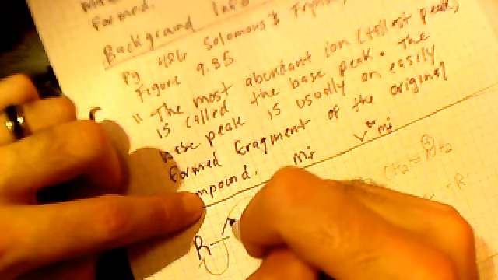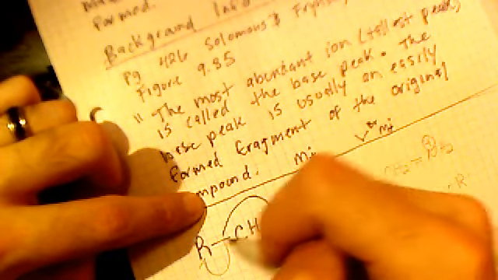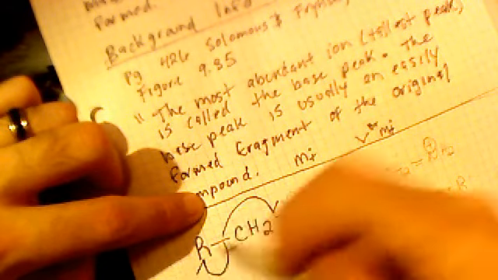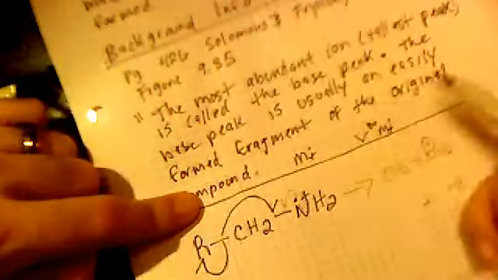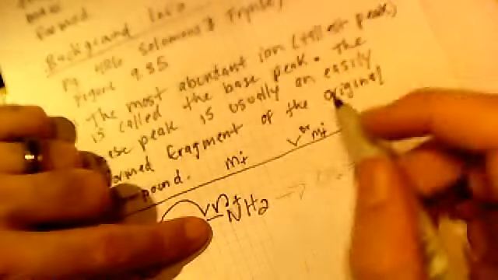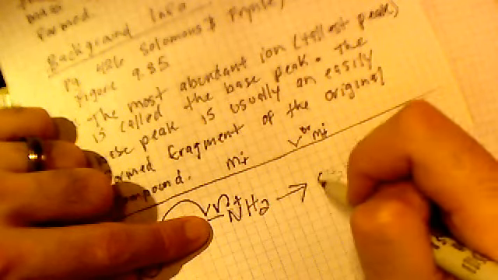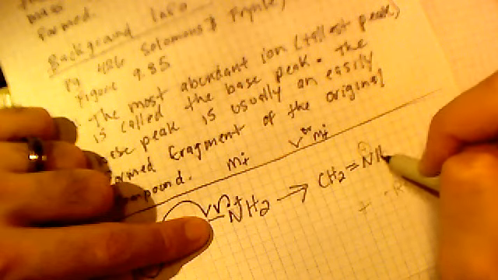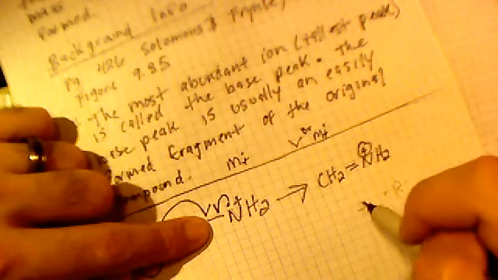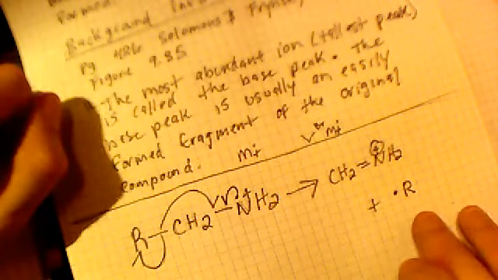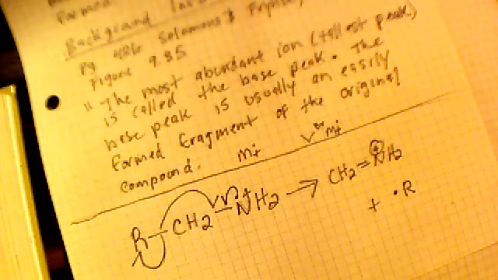So this fragments, I guess, sending one of its electrons here, one of its electrons to the R, which is that homologous series chain, and then the nitrogen donates its electron to this bond, and it forms CH2 NH2 with the positive over the N plus the R, which is the radical that left.